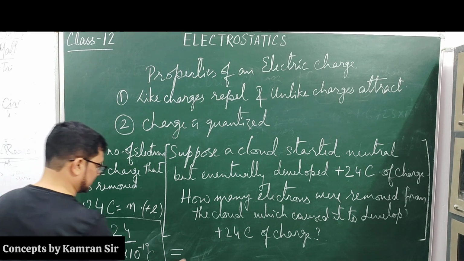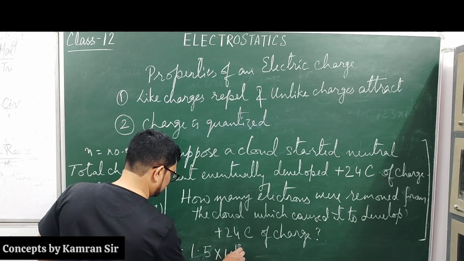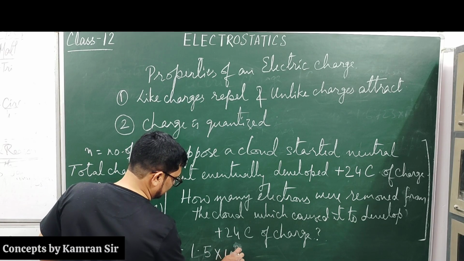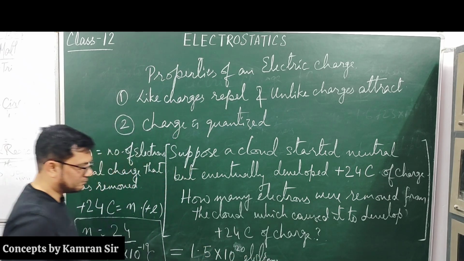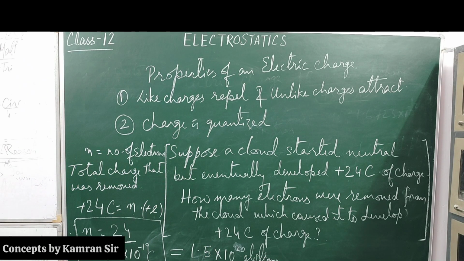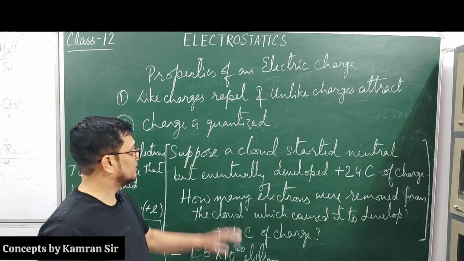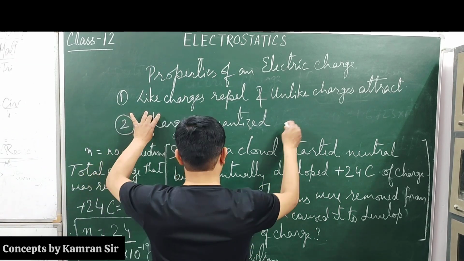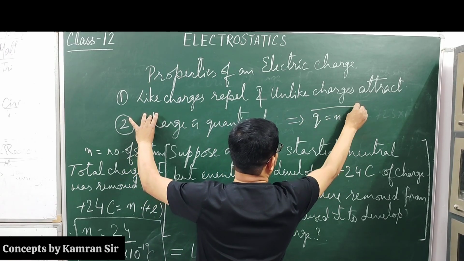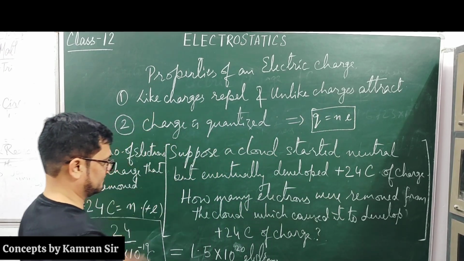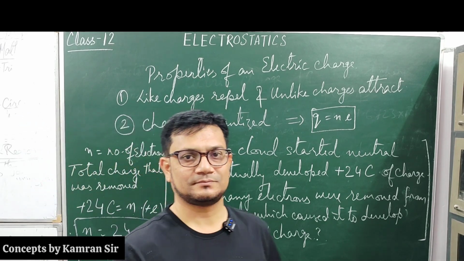And you would find this comes out to be 1.5 times 10 raised to the power 20 electrons. Are we clear how we apply this equation? We are fundamentally using this equation, Q is equal to N times e, to solve this problem. Are we okay until this point?